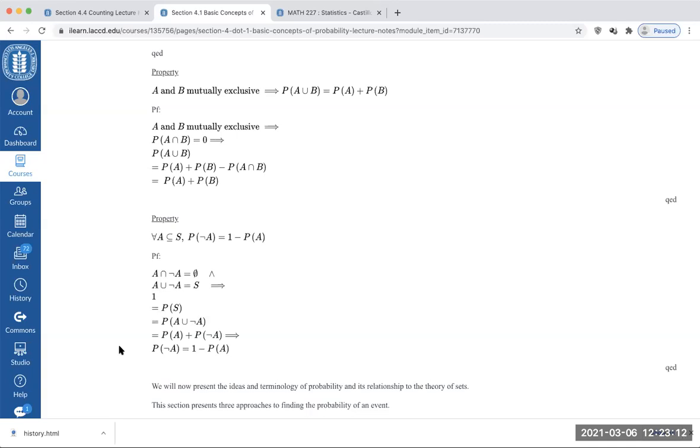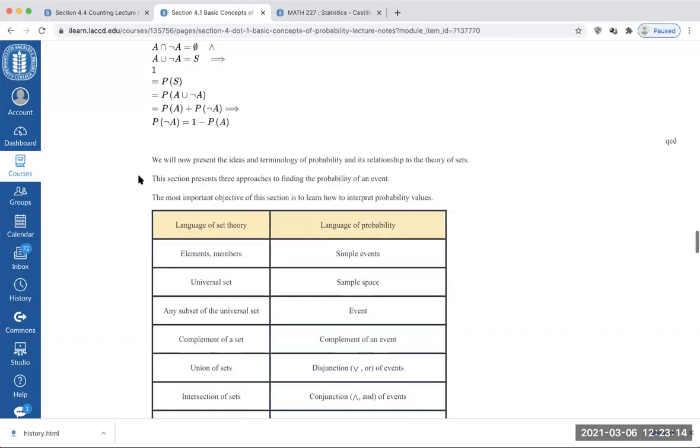So now we're going to do some translation. What you knew in set theory is now what you know in probability. I'm going to translate from the concepts you know from set theory, which you started in grade 7.